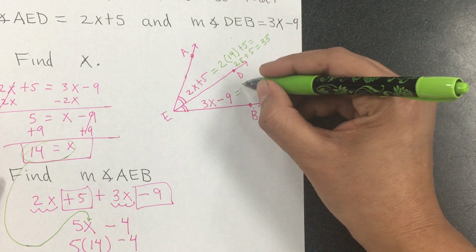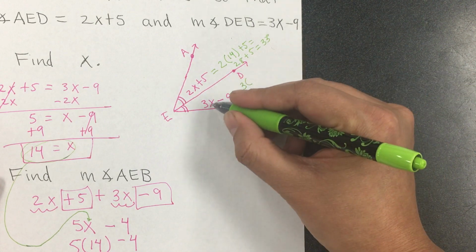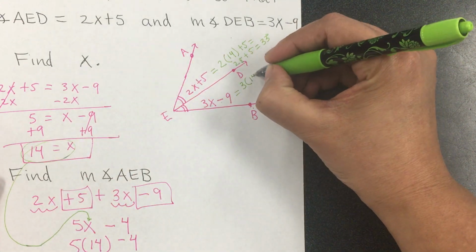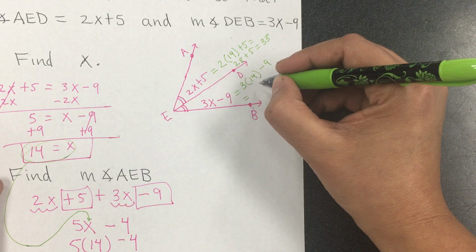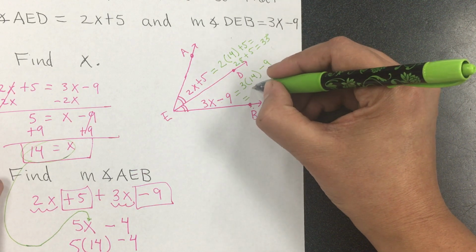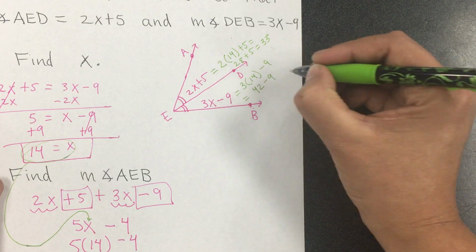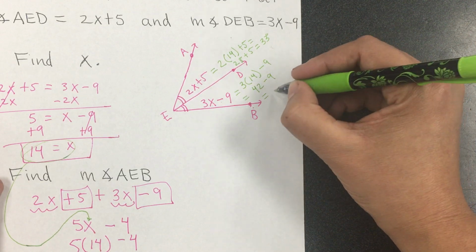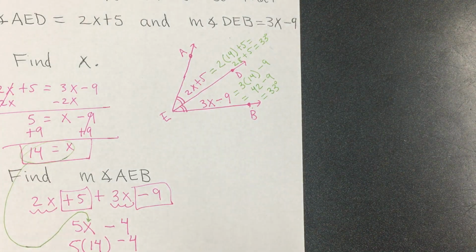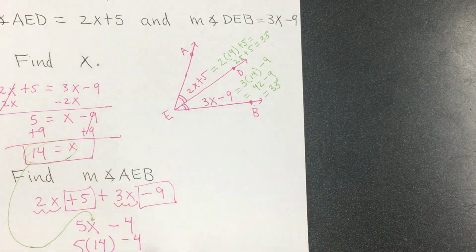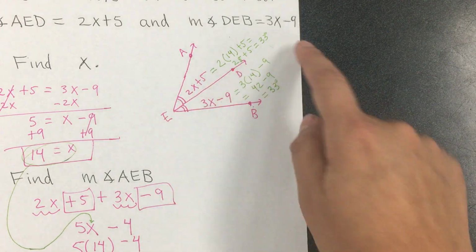Same here. 3 times x, which is 14, minus 9. 3 times 14 is 42 minus 9, and 42 minus 9 is 33. So you can see that it does come out to be two congruent angles. So it is an angle bisector.